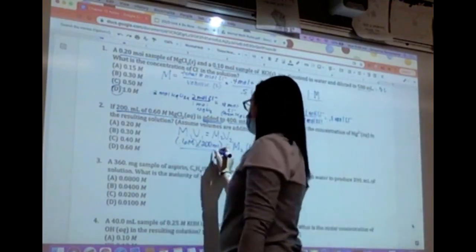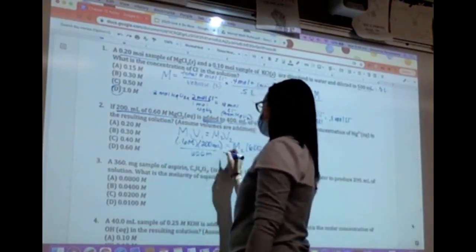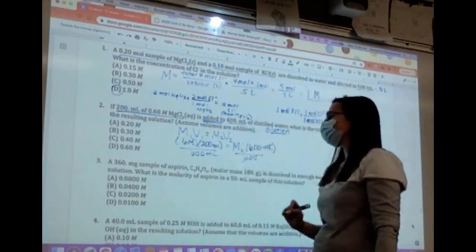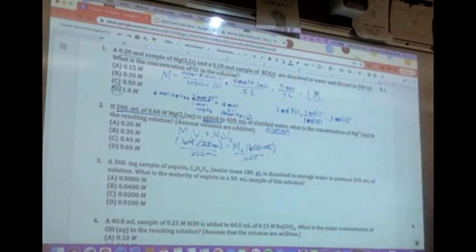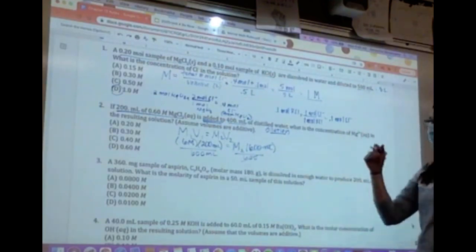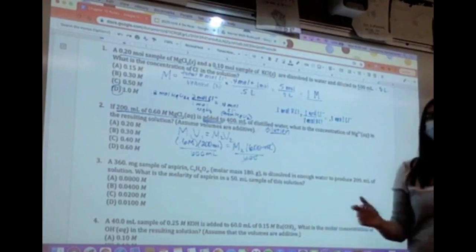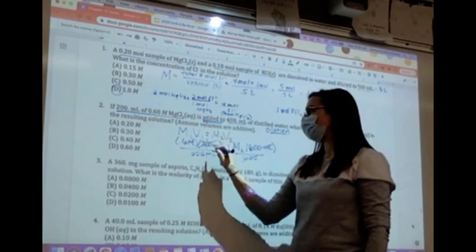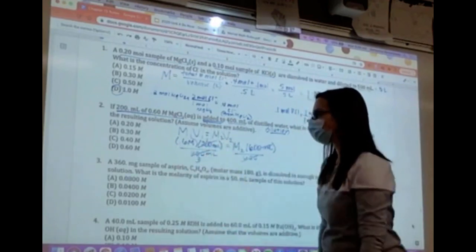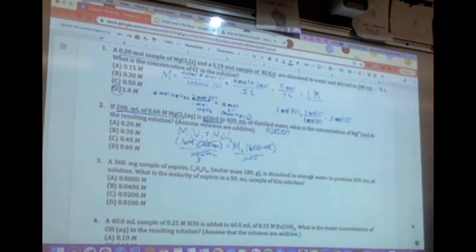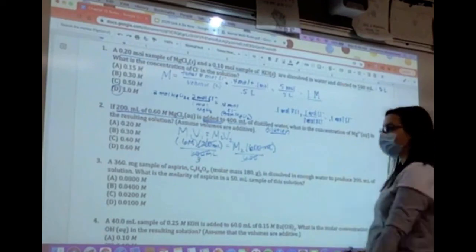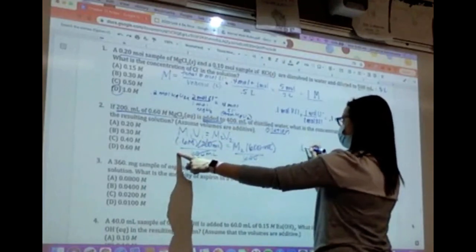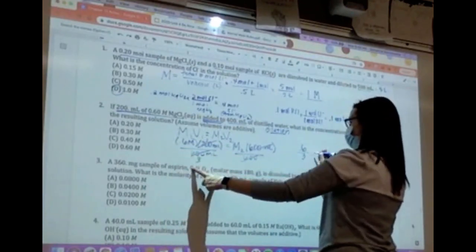But if I divide both sides by 600, reduce where you can. I can reduce 200 and 600 pretty easily because 200 over 600 is 1 over 3, right? 200 goes into 600 3 times. So now if I look at what I have here, I have 0.6 times 1, which is 0.6, divided by 3.